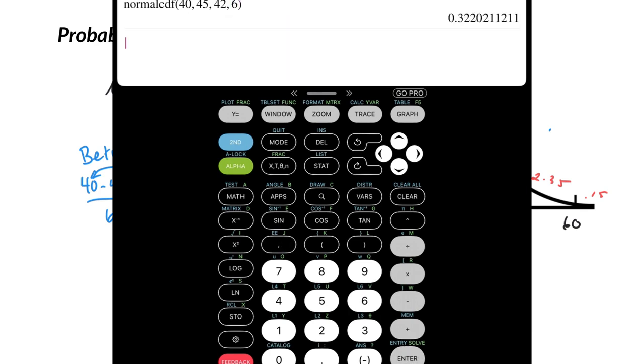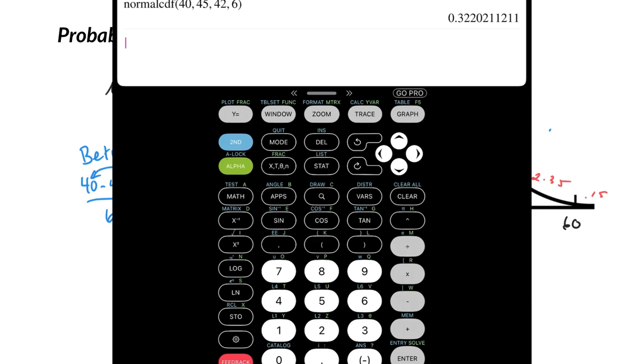It figures it out without us even having to calculate the Z-statistics. So 32% are within that. If you remember how to plug those values in, it goes lower bound, upper bound, mean, deviation, it actually does the calculating for you.